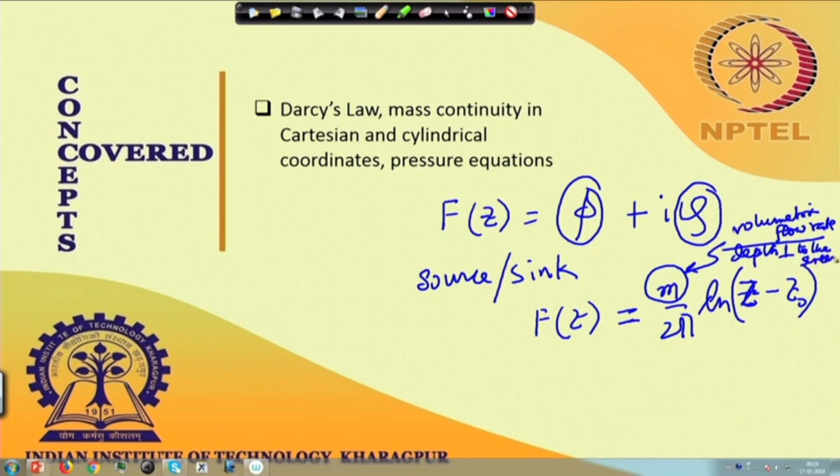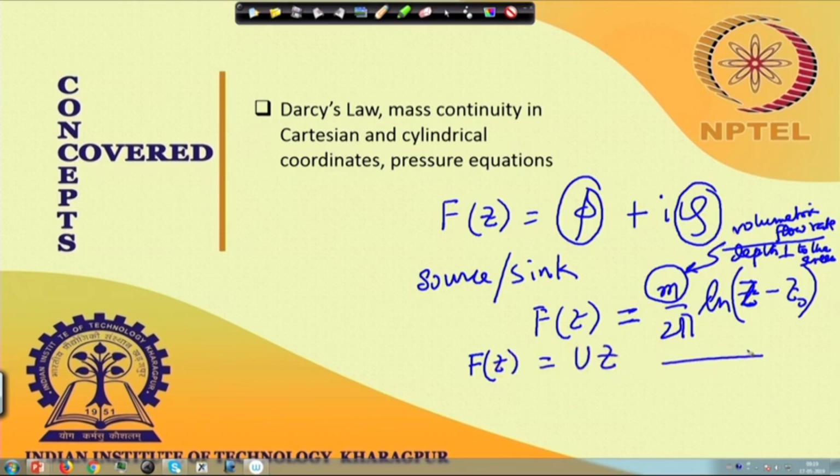So, this is the complex potential for source and sink. Similarly, for unidirectional flow, F(z) is equal to U z.